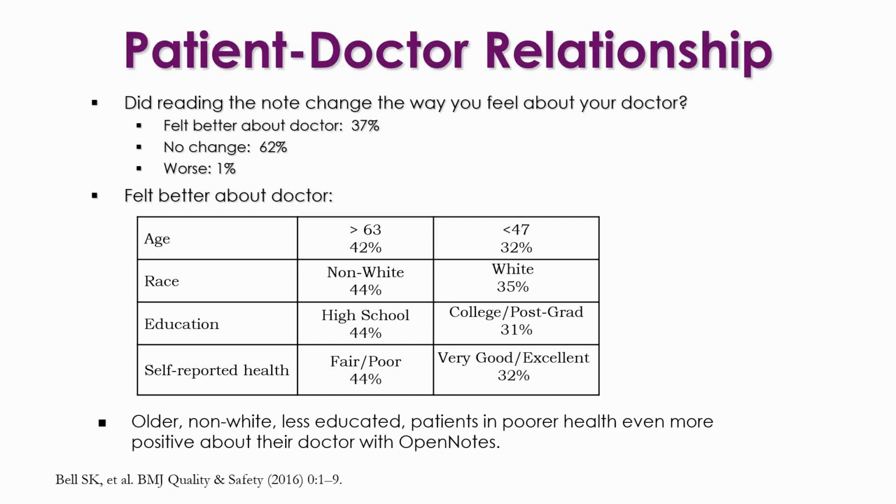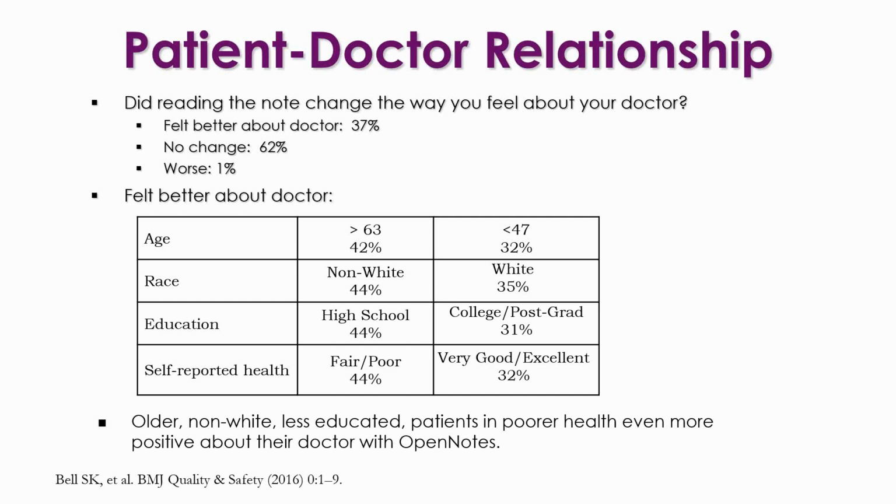And then it turns out that those that are older, that are non-white, that have a lower level of education, that are in poorer health, have a higher percentage that feel better about their doctors. So it seems to be more important in basically the medically underserved and the sicker patients.